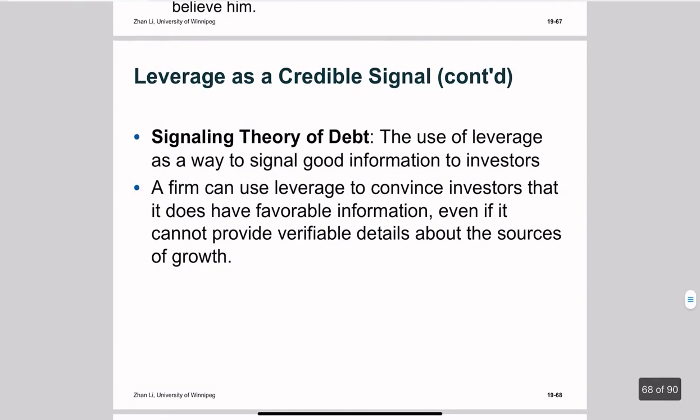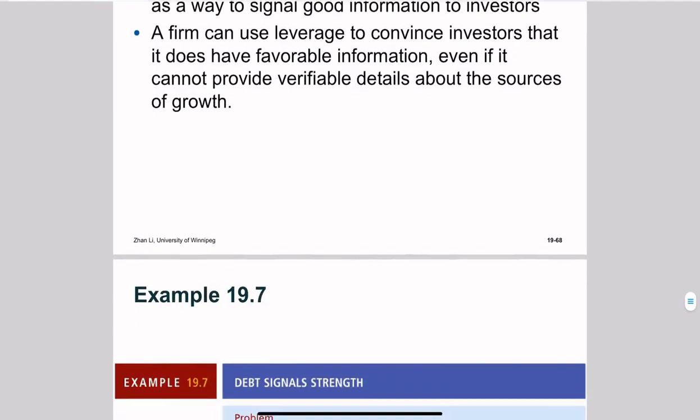This is called the signaling theory of debt. It means the use of leverage would signal good information to investors. So a firm can use debt to convince investors that its project is indeed good, even if it cannot provide verifiable information about this project.